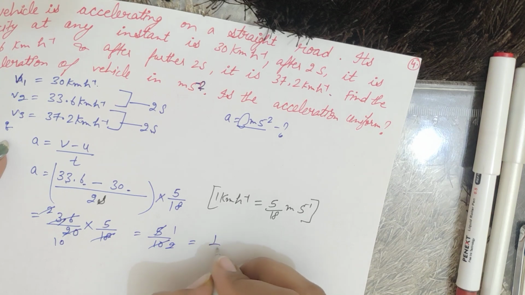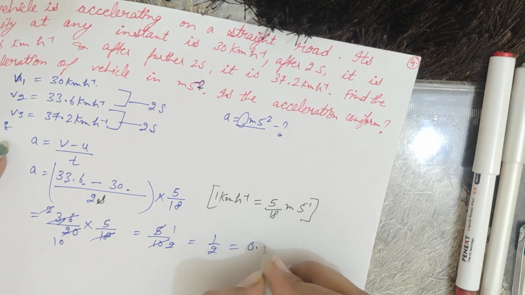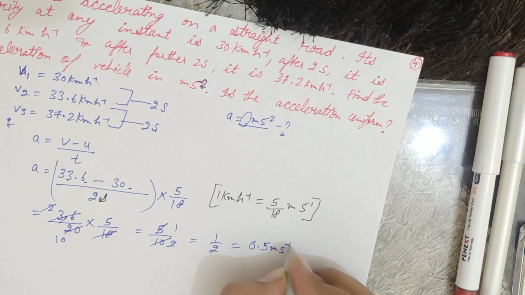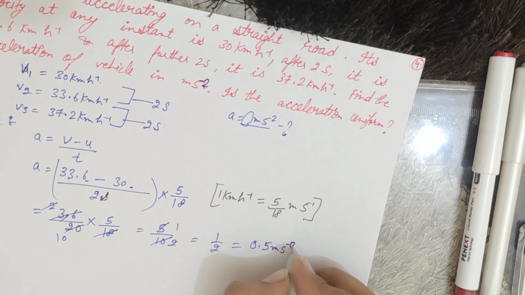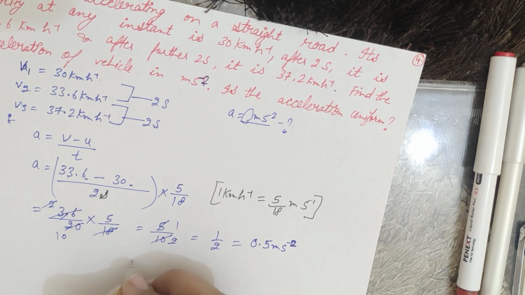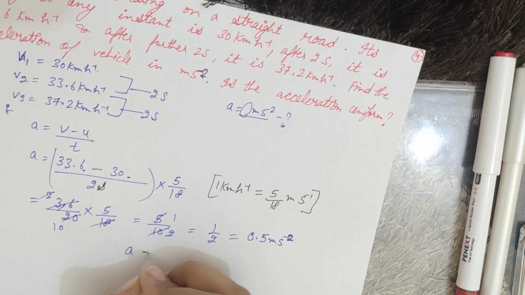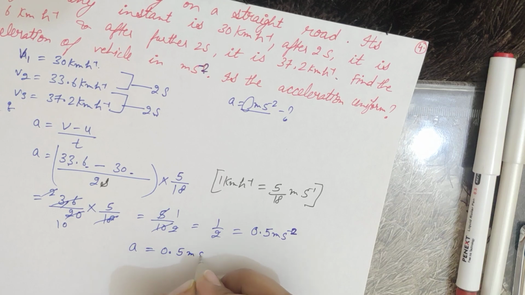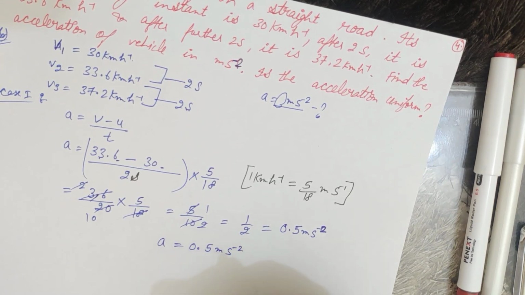So we are left with 1 by 2, which is 0.5 meter per second square. This is the value of acceleration from the first case. So A is equal to 0.5 meter per second square.